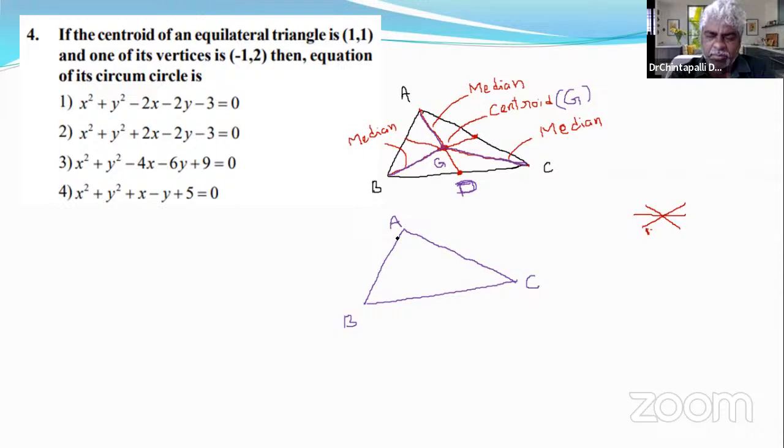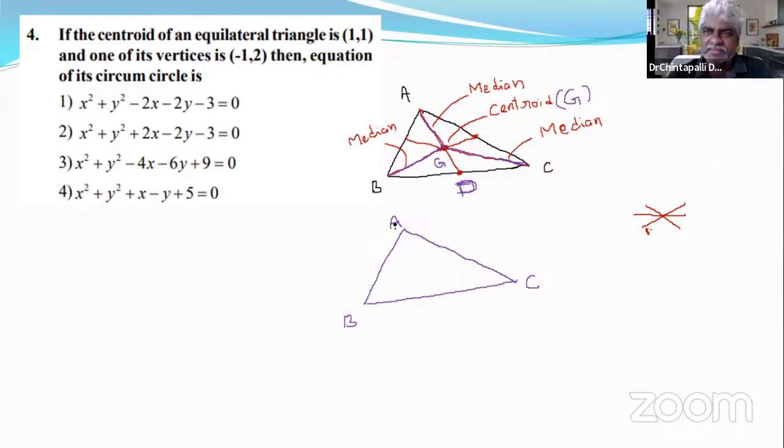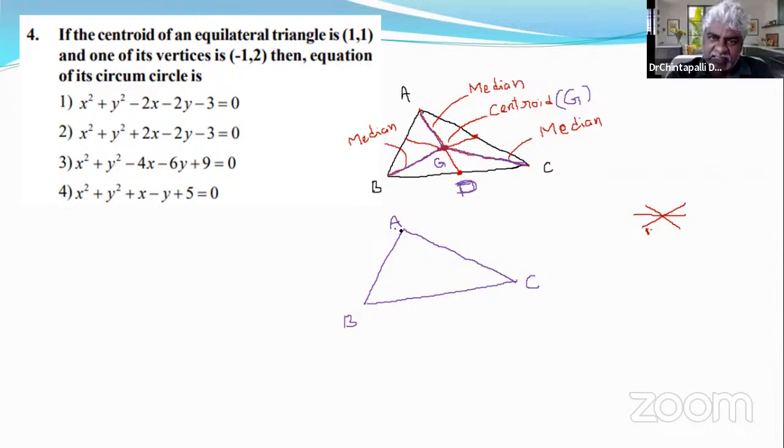That means, for example, if angle A is 70 degrees, half of 70 degrees is 35 degrees. So if angle A is 70 degrees, then this line bisects that angle. That means 35, 35.